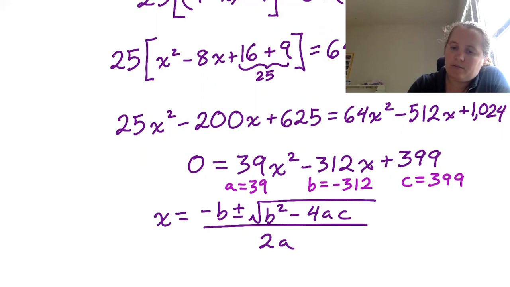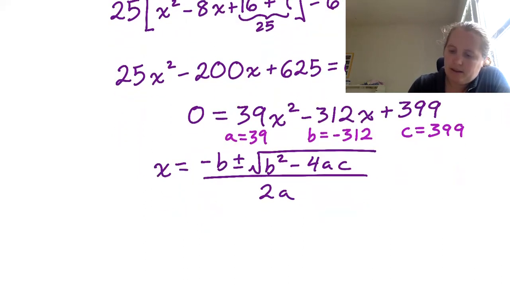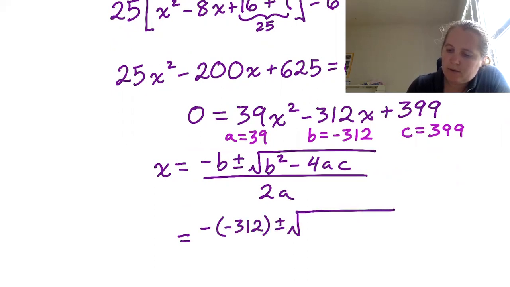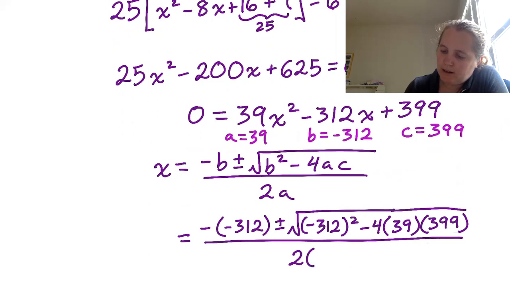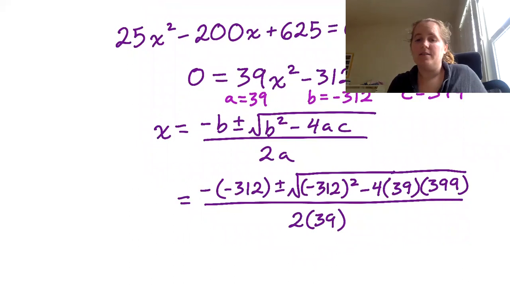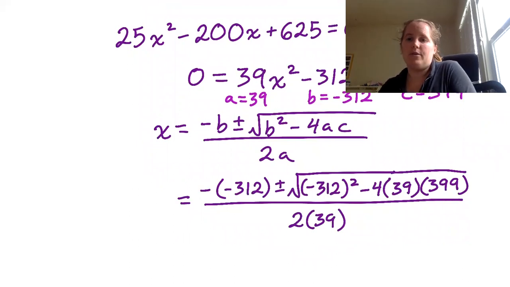And we have that x is equal to negative 312 plus or minus the square root of negative 312 squared minus 4 times 39 times 399, all over 2 times 39. And I'm going to go ahead and just plug this into my calculator and do the whole thing at once.